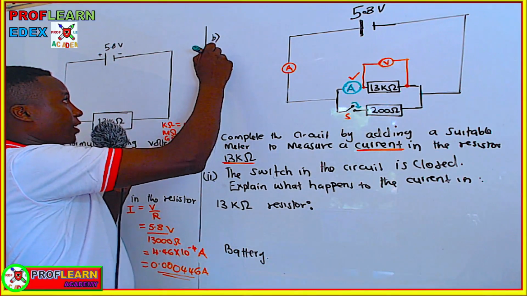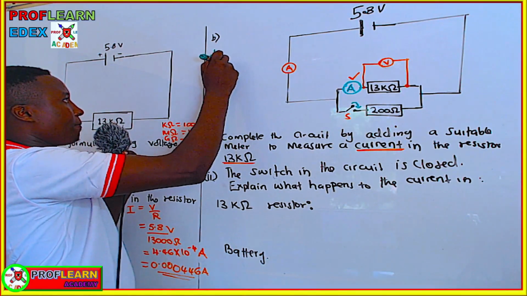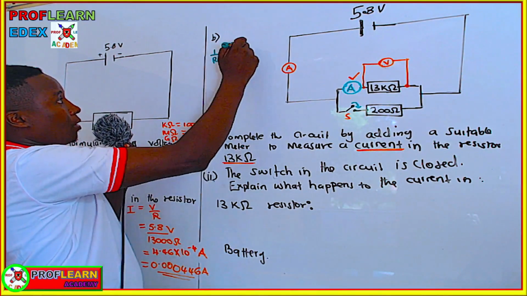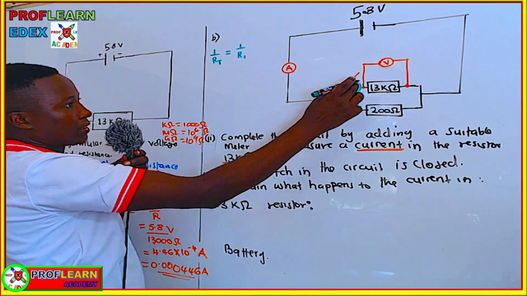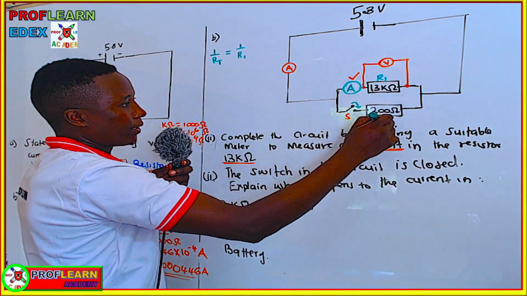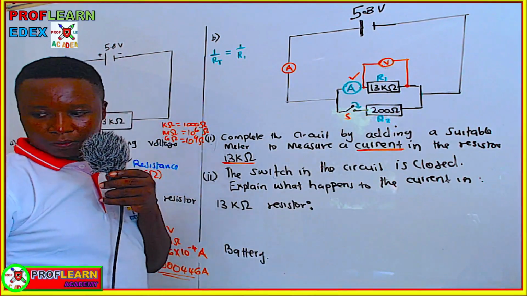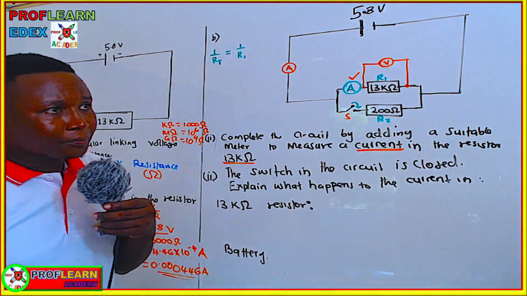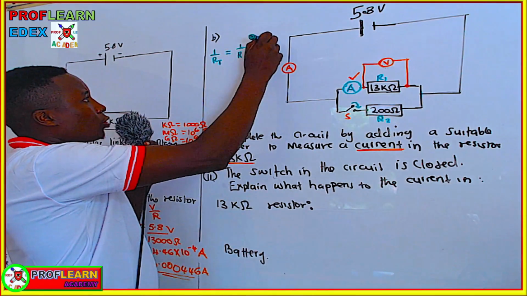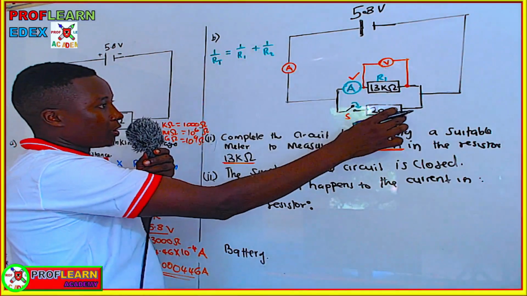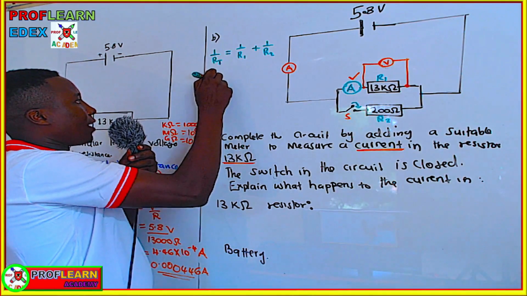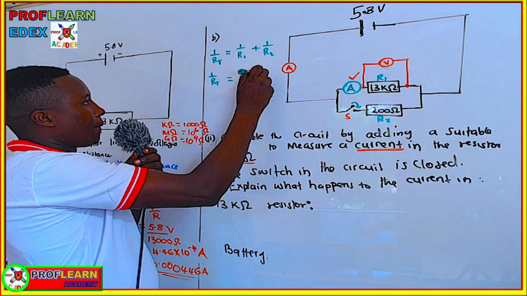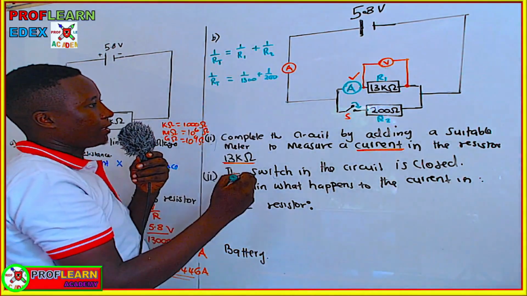So the total effective resistance is going to be calculated by 1 over R total equals 1 over R1 plus 1 over R2. Let me call this R1 and this R2. So 1 over R total is going to be 1 over 13,000 plus 1 over 200 ohms.